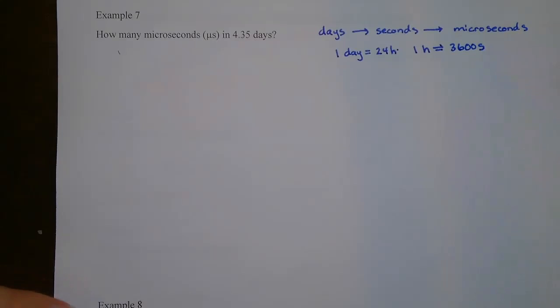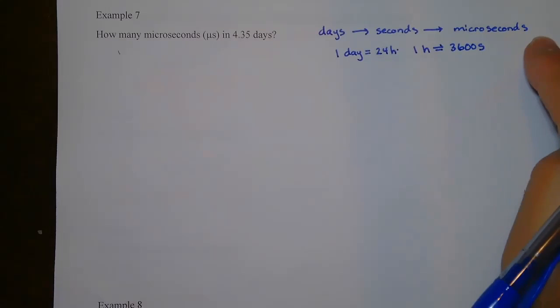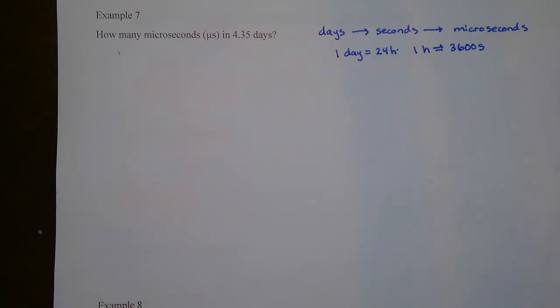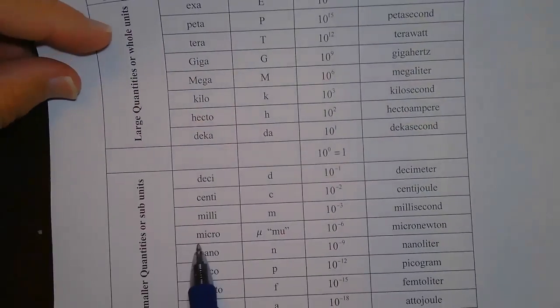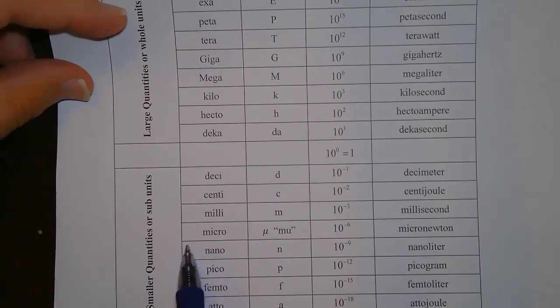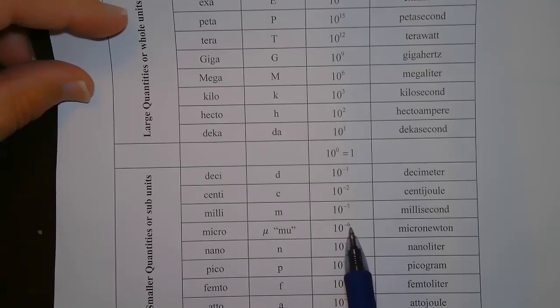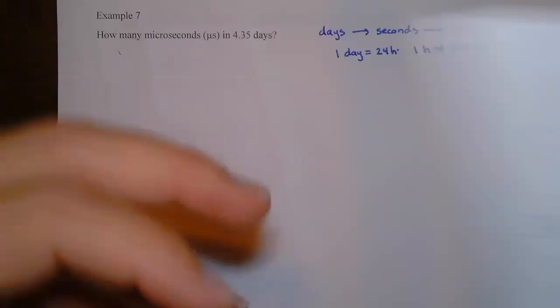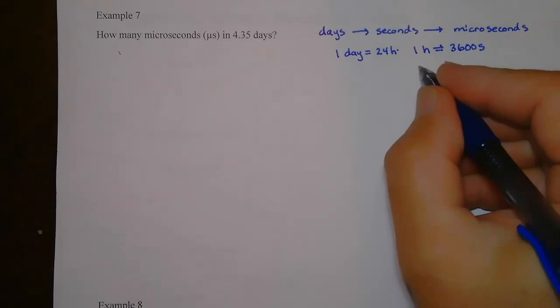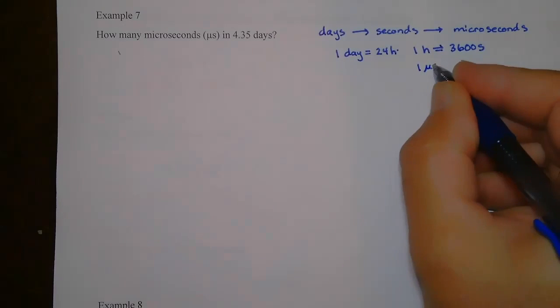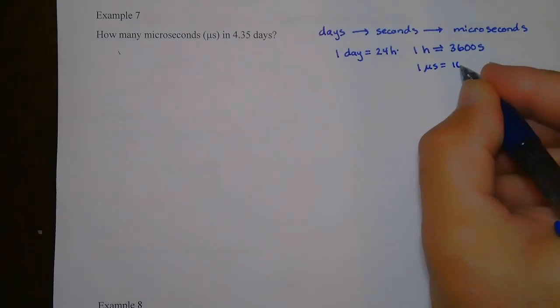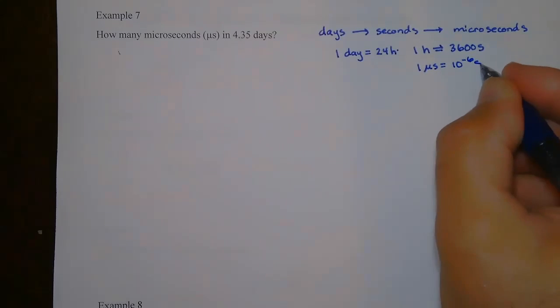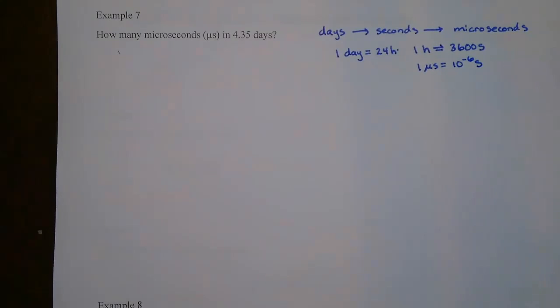All right, and now we need to go from seconds to microseconds, which is a prefix. So micro. 1 microsecond is equal to 10 to the -6 seconds. All right, so now we're ready.